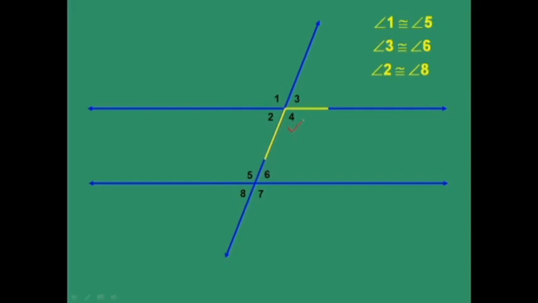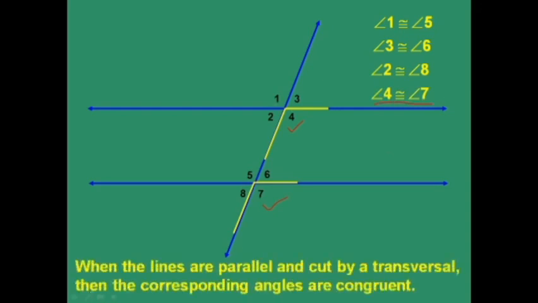Similarly, the measure of angle 4 is equal to the measure of angle 7 because both angles make the English alphabet F. So angle 4 and angle 7 are corresponding angles and they are congruent. So when the lines are parallel and cut by a transversal, the corresponding angles are congruent.